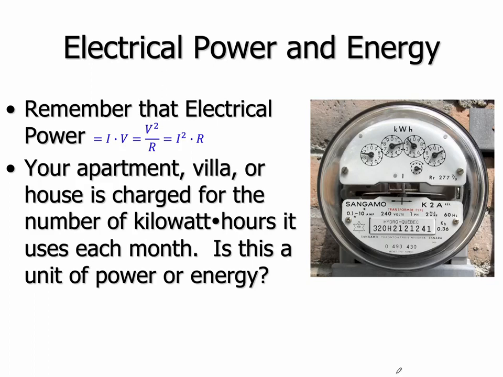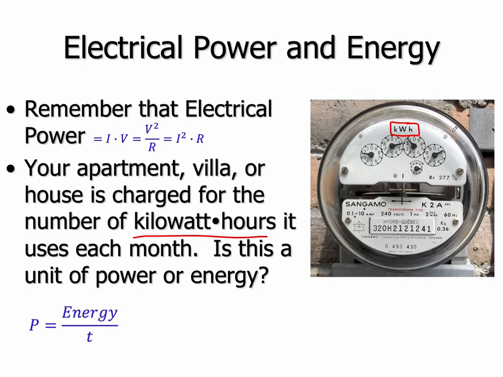Every month, your parents get a bill for the amount of electricity that you use. And it's billed in a really weird unit. It's measured in kilowatt hours, and you can see it here on this meter. My question is, is a kilowatt hour a unit of energy or a unit of power? Pause for a second, think about it, and then I'll show you.